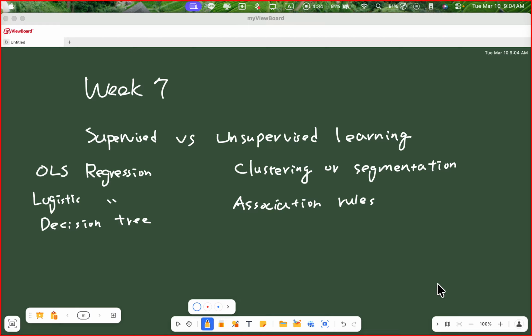Do you have any idea about OLS? I think it's the least squares. Yes, least square. How about O?